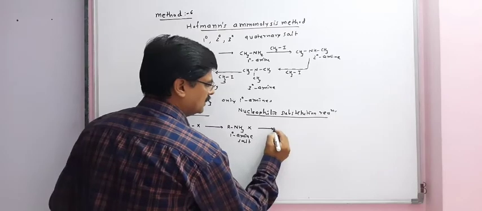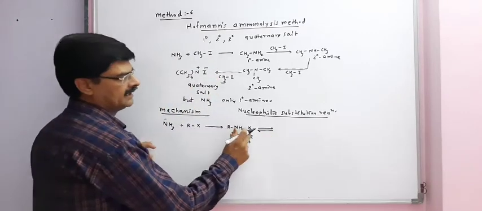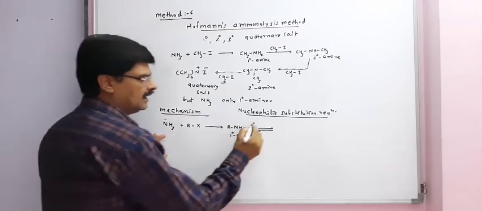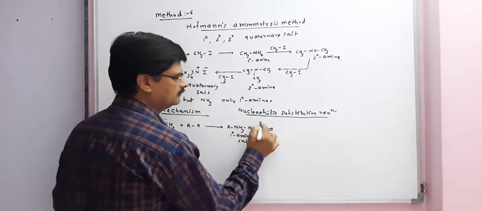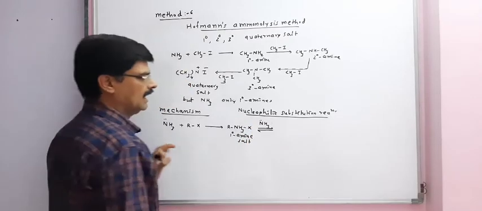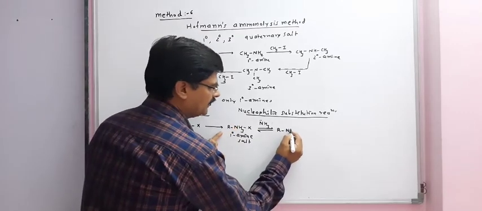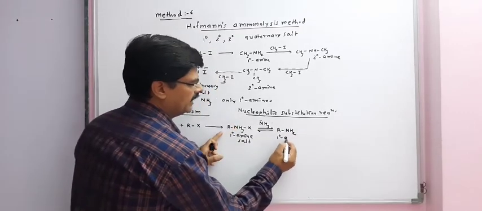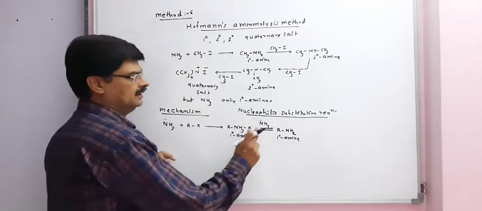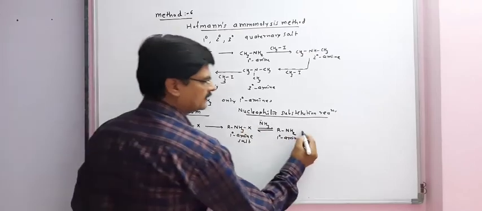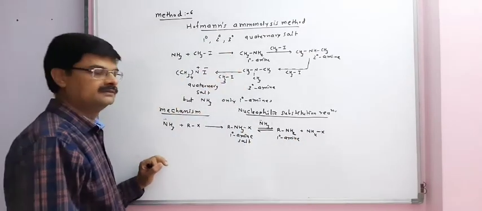Now RNH3X with an ammonia molecule produces RNH2, 1-degree amine, and NH4X is liberated.